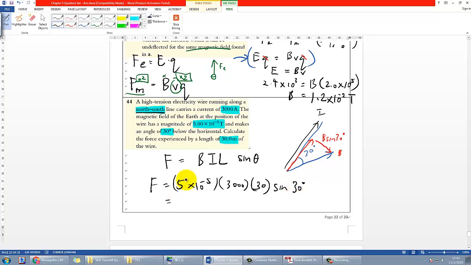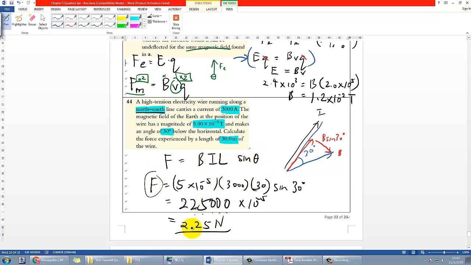I found 225,000 times 10 to the negative 5, so 2.25, all in SI units. Oh, not meter, sorry, Newton, since we're calculating force. So this is how you could do it.